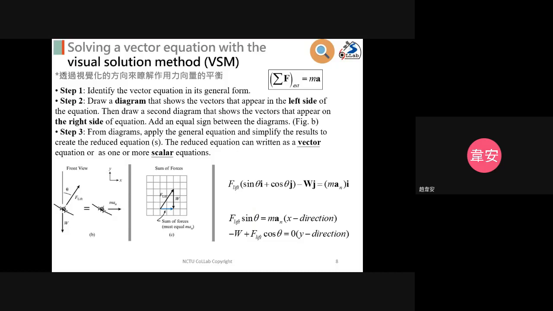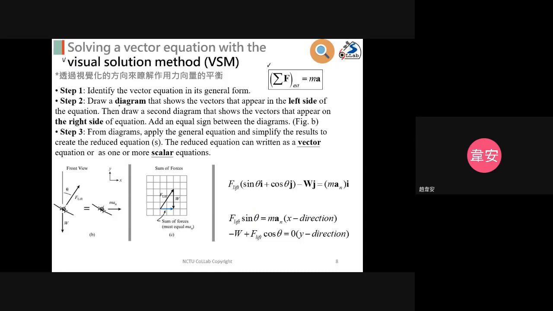The textbook proposes a method that we call the visual solution method. The idea is that we divide the process into a scheme for our problems, with step 1, step 2, and step 3. First, step 1, identify the vector equation in its general form. This is our general form, based on Newton's second law.